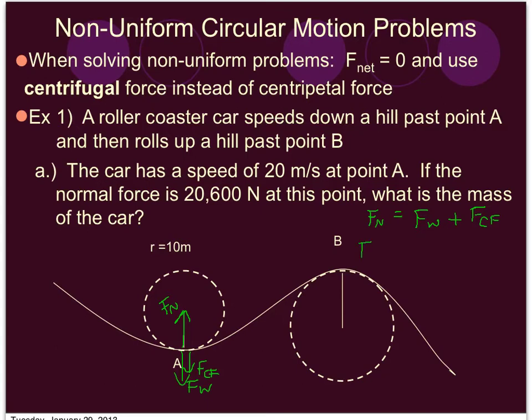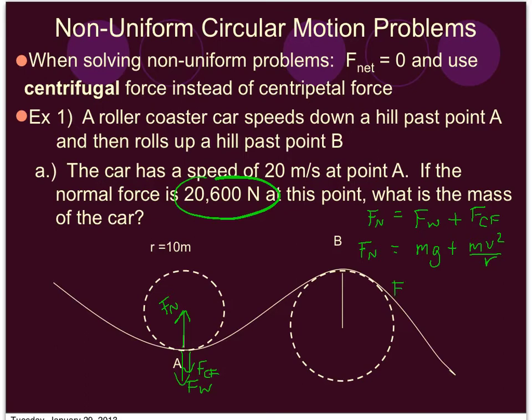All right, I'm going to keep Fn because it gives me my value of my normal force at 20,600 newtons. And for Fw, I'm going to substitute in mg. And for centrifugal force, I'm going to substitute in mv squared over r. Okay. At this point, it's just algebra 1 rearranging this equation.